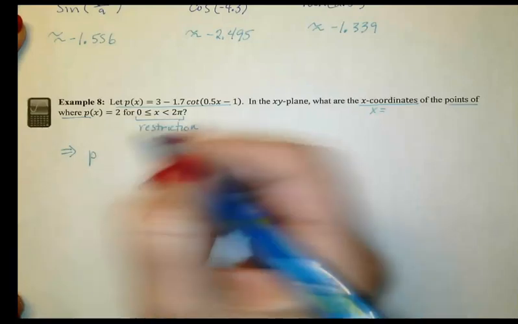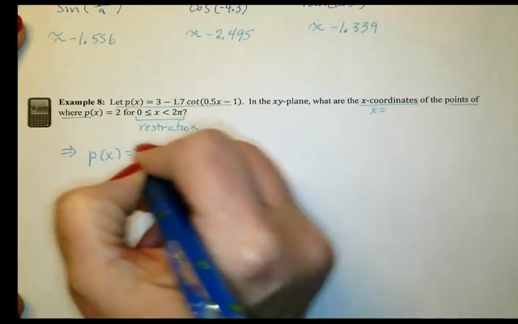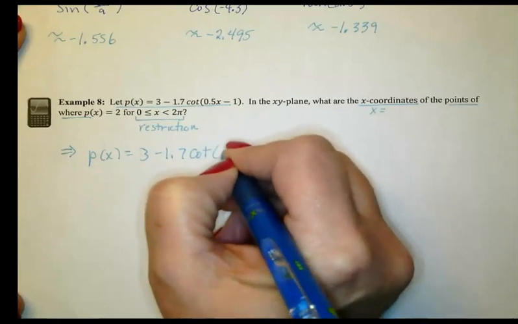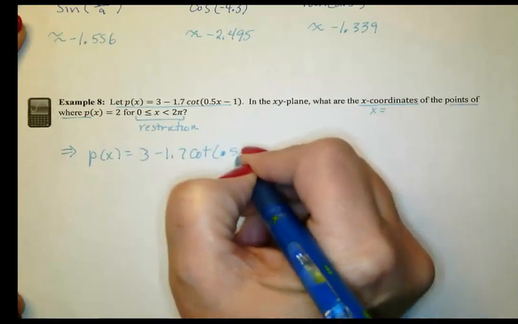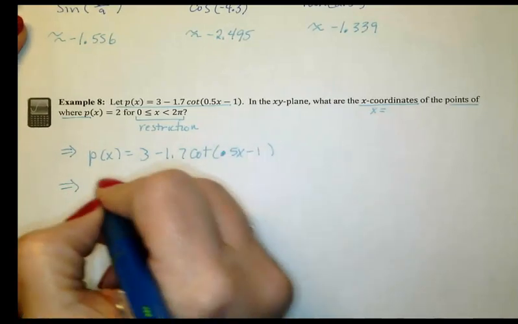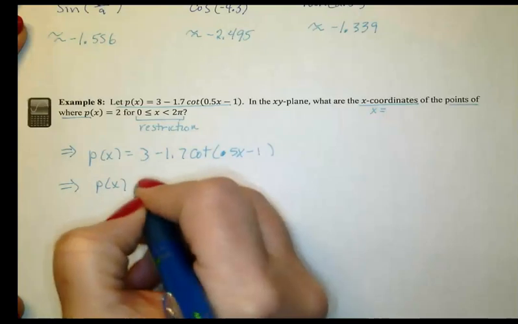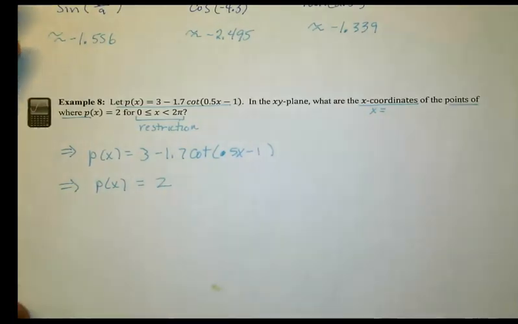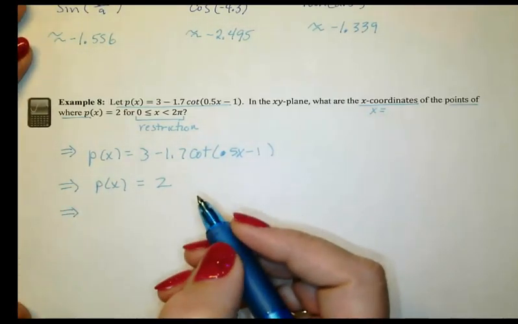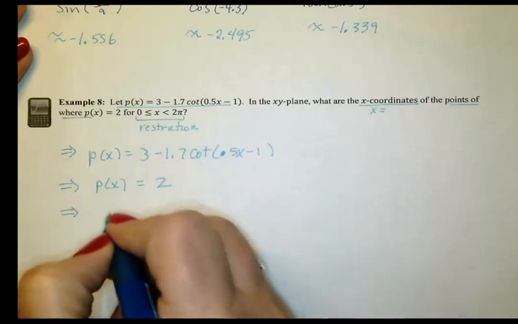So we would put in an equation in this form: 3 minus 1.7 cotan of 0.5 x minus 1. And then we would add a second equation where we're going to have p of x equals 2. Then I would probably at this point go back to the first equation.